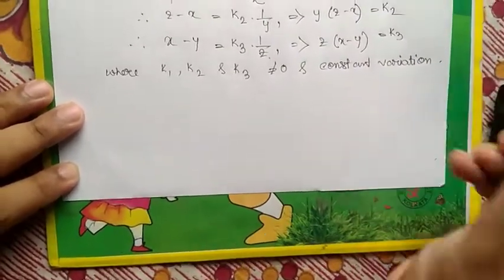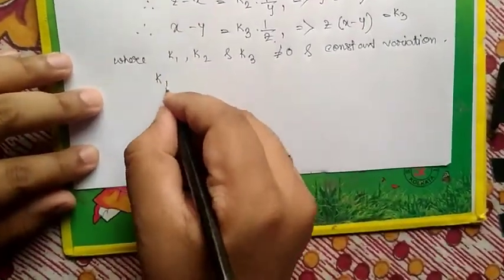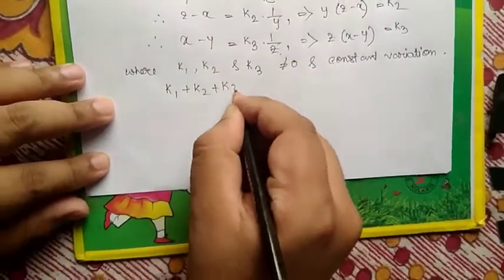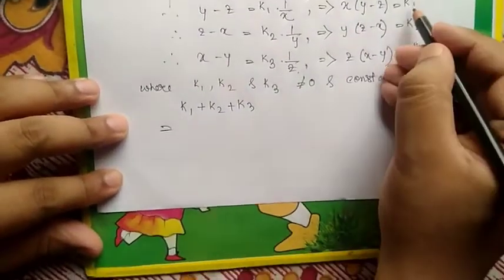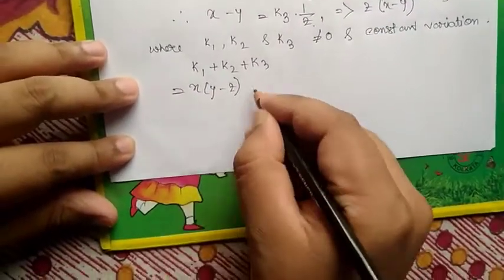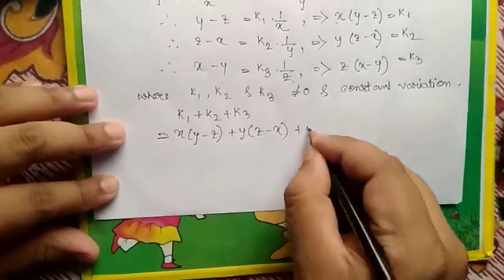So therefore we have to find the sum of these constant variation. The sum of these constant variation means k1 plus k2 plus k3. So we have to put those values. K1 means x into y minus z, k2 means y into z minus x, and k3 means z into x minus y.